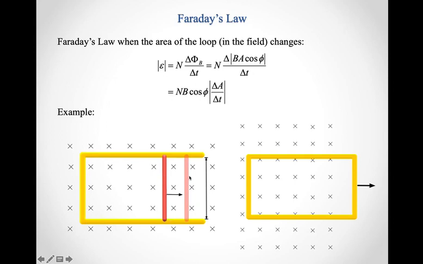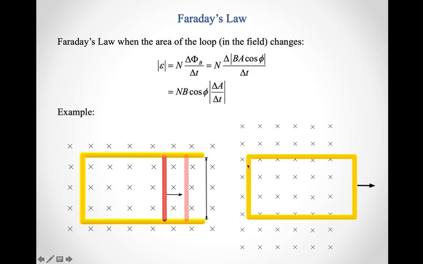As I pull the bar to the right, the area of my rectangle that closes up the loop has increased. So this is one way to change the area. We'll keep the magnetic field the same, and we'll keep the orientation the same. So B and cosine phi I can pull out, and I'm left thinking about delta A over delta T. In this case, as I pull the bar to the right, the area is increasing, so delta A would be positive.